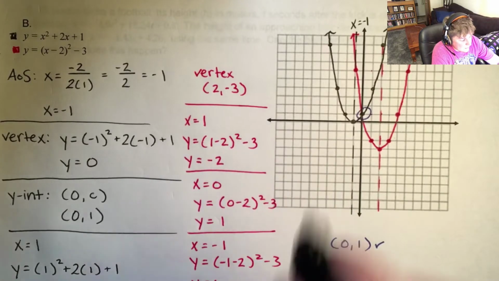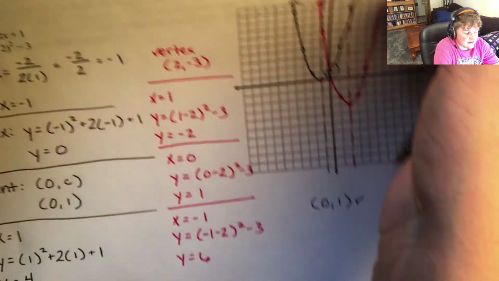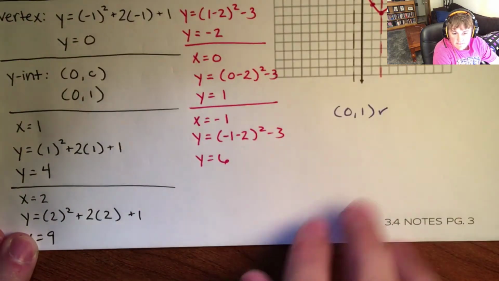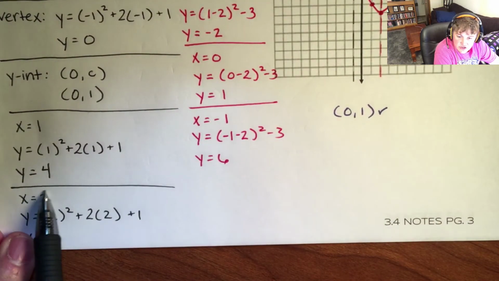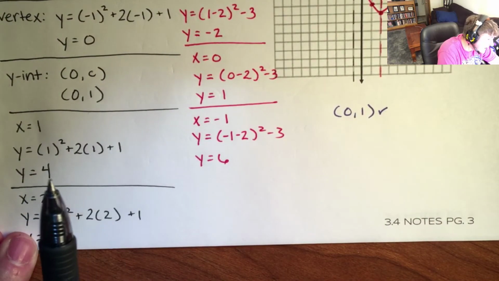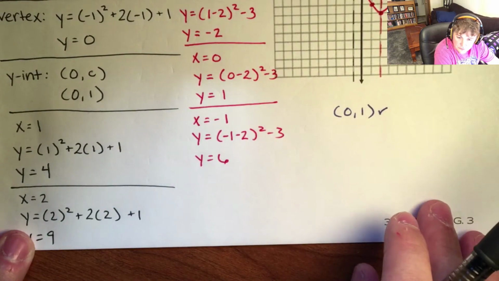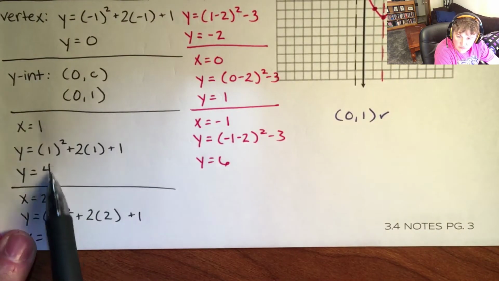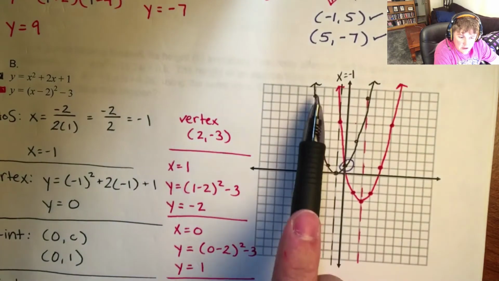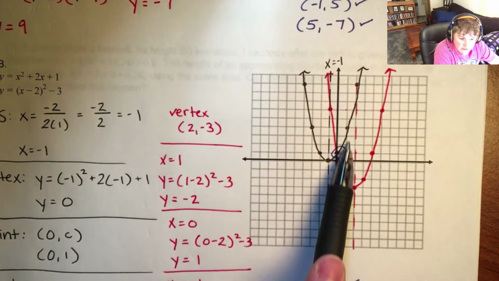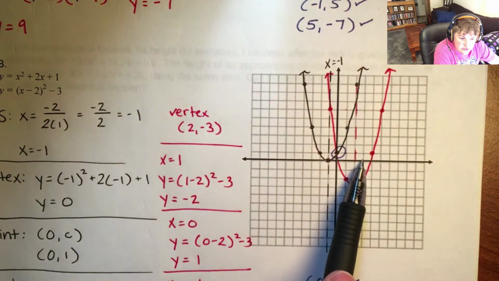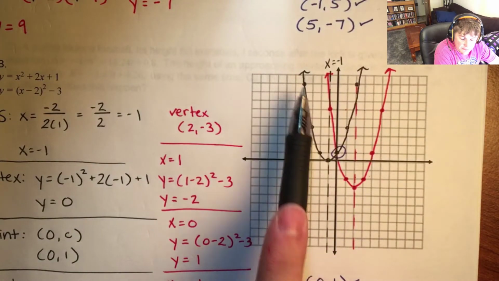From that point on, I picked random x values until the graph was filled out completely. So I get the ordered pairs 1, 4 and 2, 9. Okay, so 1, 4 reflects here, and 2, 9 reflects here.